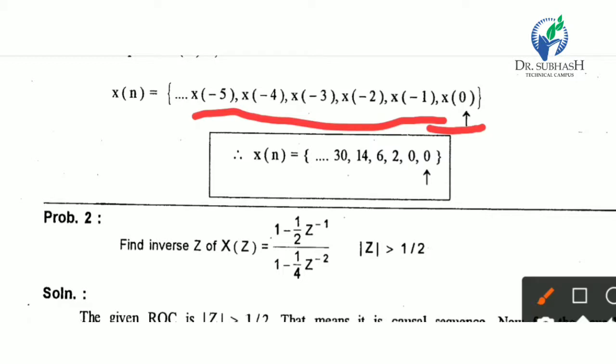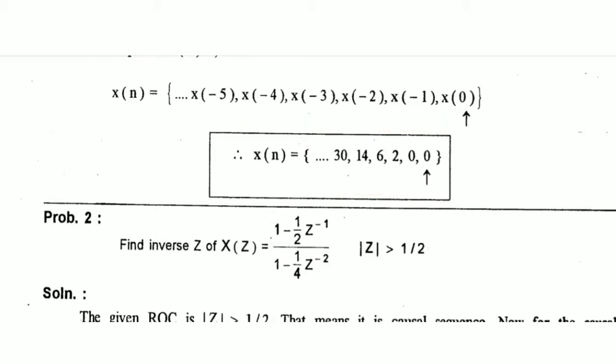So from the answer x of n, we stop the division. The previous values we don't know, so starting from 13, 14, 6, 2, 0, 0. So x of 0 equal to 0, x of minus 1 equal to 0, x of minus 2 equal to 2, x of minus 3 equal to 6, x of minus 4 equal to 14, and x of minus 5 equal to 13. So we will get our original answer. Thank you.